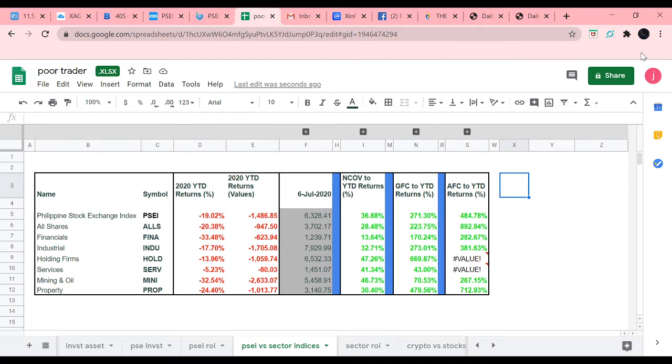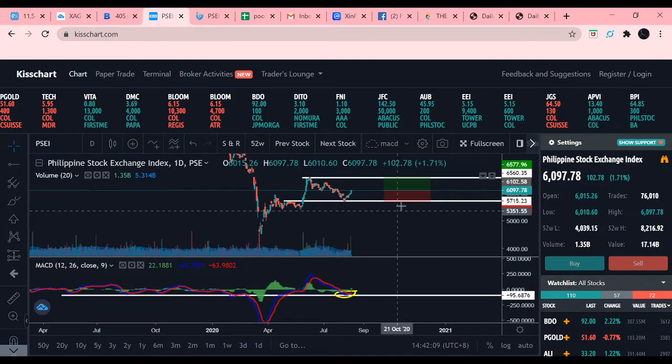Aside from that kasi it's 24/7. And sabi ko nga malaki pa yung possible upside ng cryptocurrencies. Yun yung isang reason ko kung bakit hindi na ako masyadong nagtra-transact sa PSE.